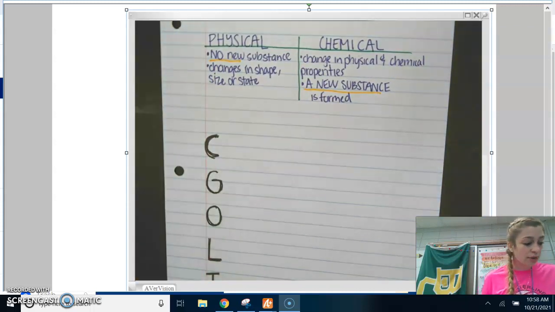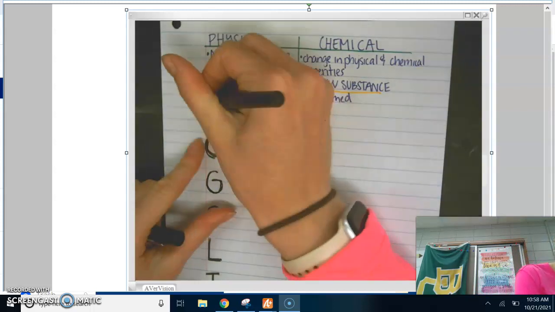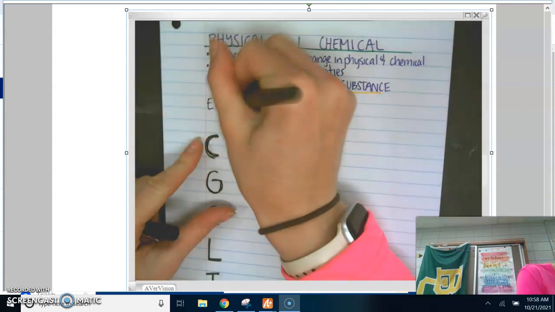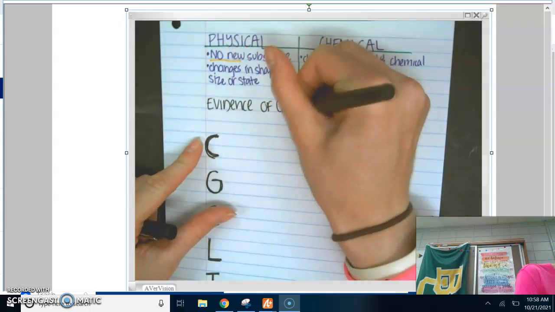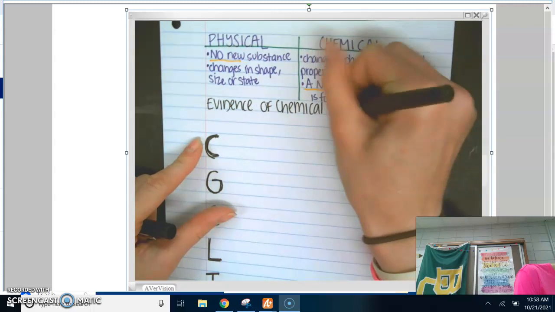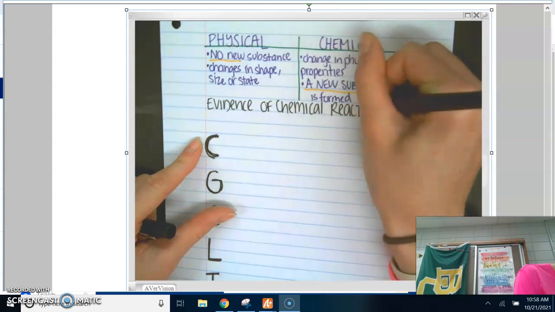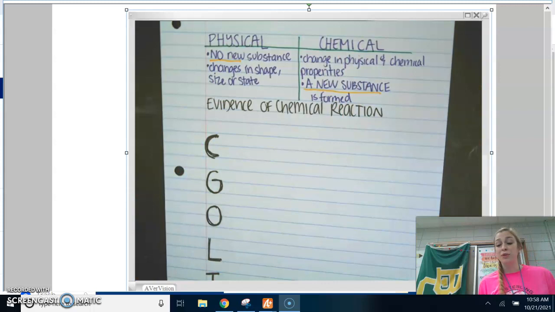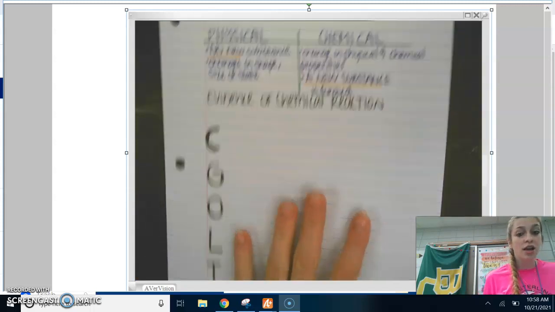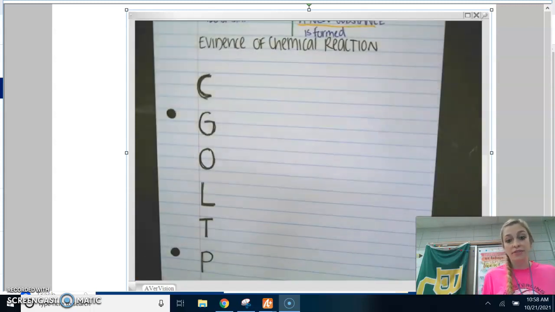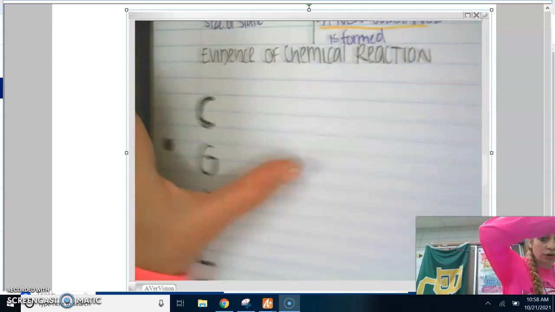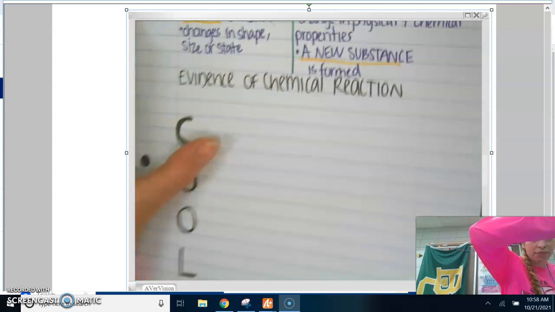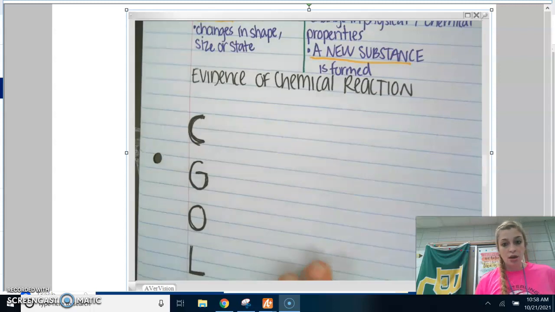So now let's talk about the evidence of a chemical change. When we're talking about a chemical reaction, there are certain pieces of evidence that we look for. Let's zoom in a bit. Your warm-up video today went over this a bit, and it pointed out something really important.